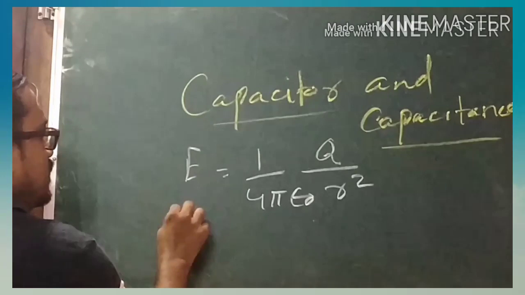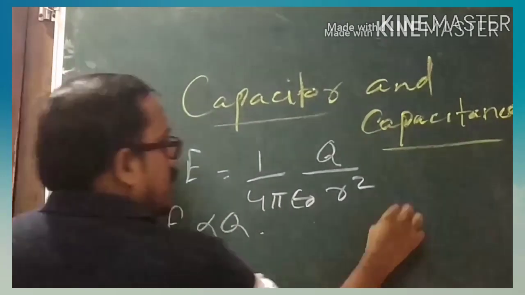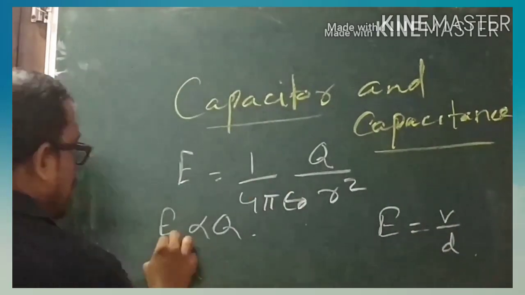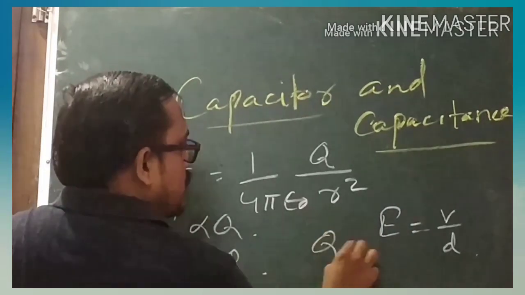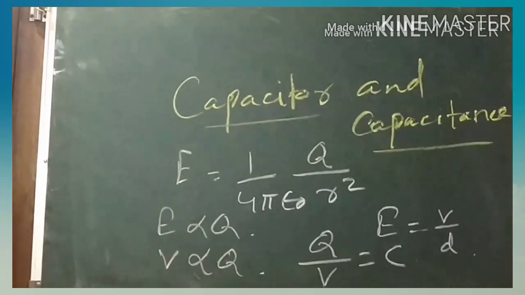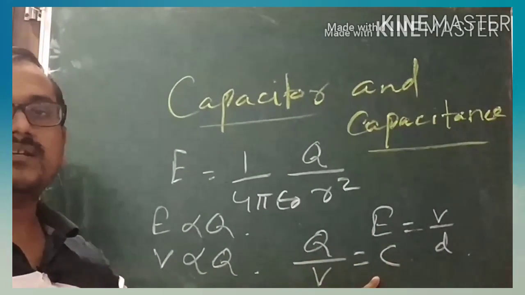That means E is directly proportional to Q. Again we know E equals V by D, so V is also directly proportional to Q. Now Q by V is a constant, which we call the capacitance. This C is called the capacitance.